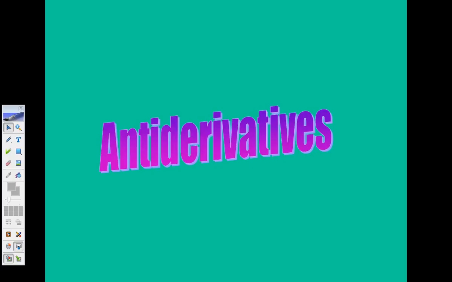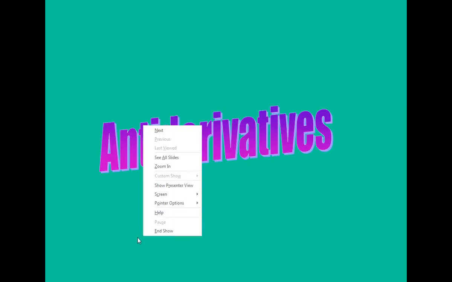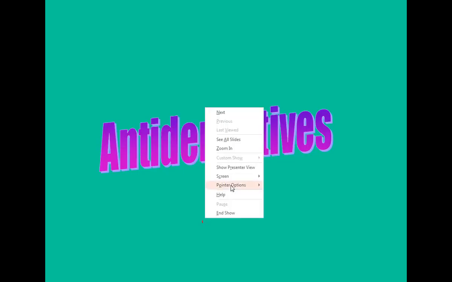If you find the derivative of some function, for instance, if I find the derivative of, let's say, the sine function, we know the derivative of sine is cosine.